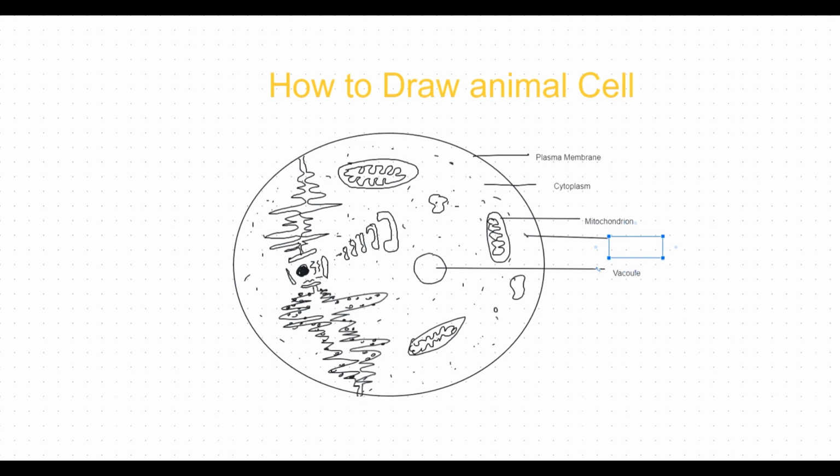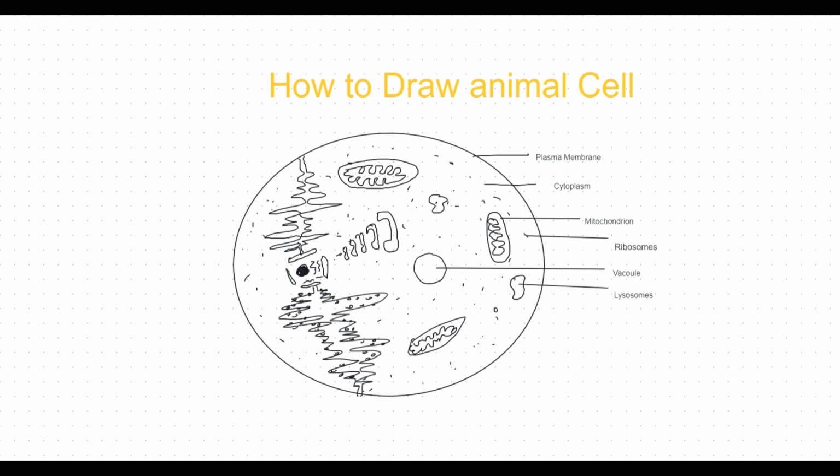Let's label the next part, that is the lysosome. And then we are going to label the last parts. Always it's better to put the labels on the right-hand side. It gives a very good view. And always on one side. So this is how it should be.